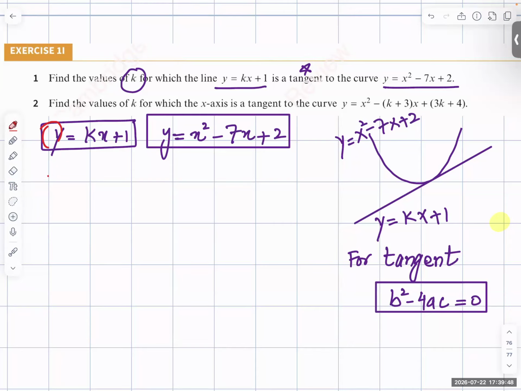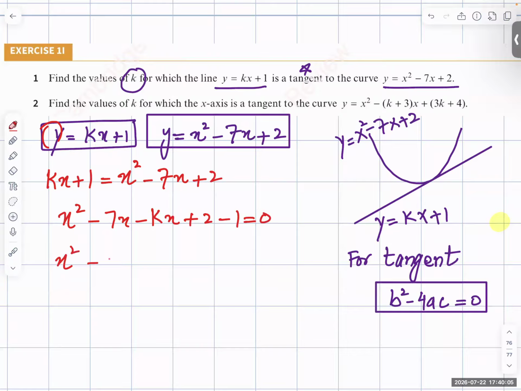So we replace this y with kx plus 1 is equal to x square minus 7x plus 2. We rearrange it. X square minus 7x minus kx plus 2 minus 1 is equal to 0. X square minus 7 plus kx plus 1 is equal to 0.